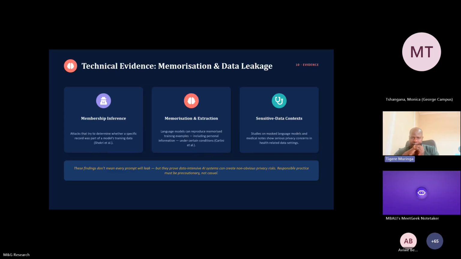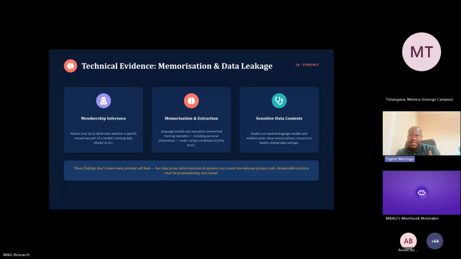So, issues of membership inference, right? Membership inference attempts to determine whether a particular record was part of the model's training data. There's another study done by Shokri that showed that machine learning models can leak information about individual training records.